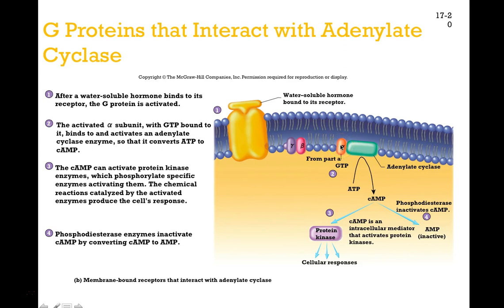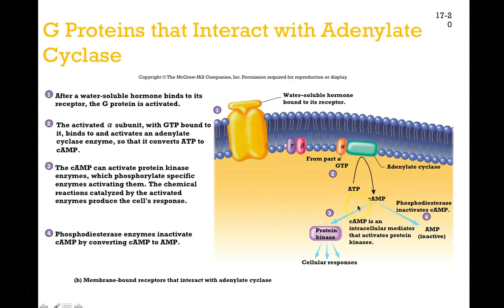So you can see here that the alpha subunit has left the beta and gamma subunits, moving through the plasma membrane over to adenylate cyclase. So at this point, it has activated adenylate cyclase so that it can convert ATP to our cyclic AMP.